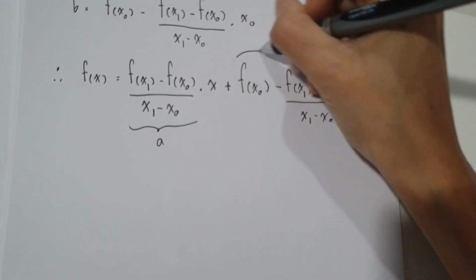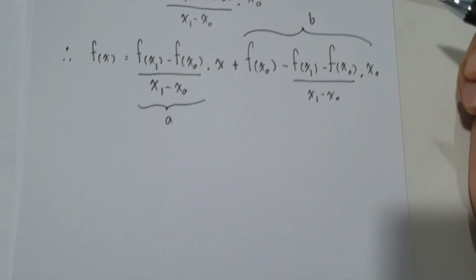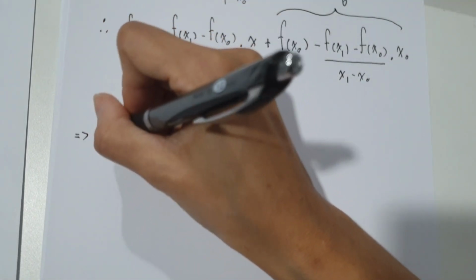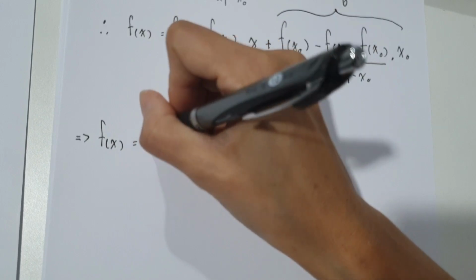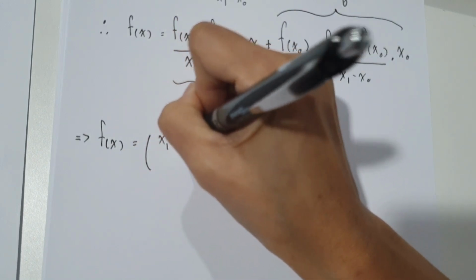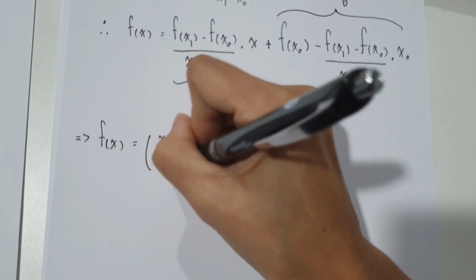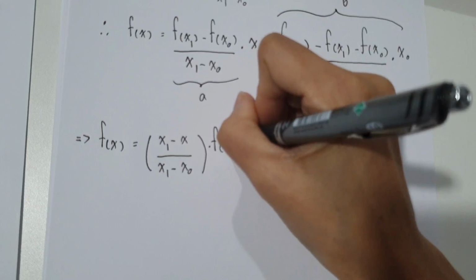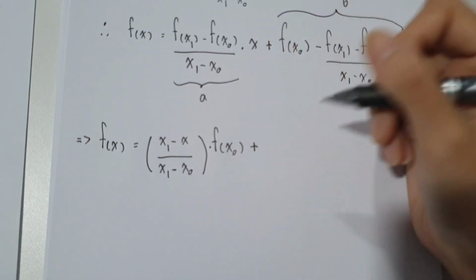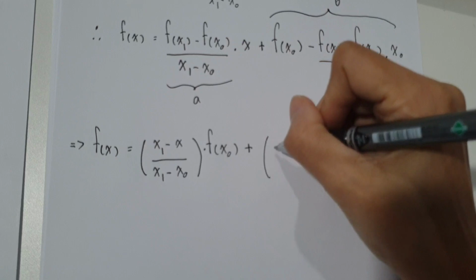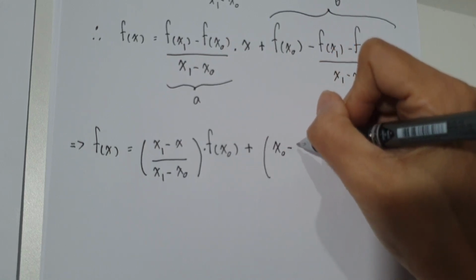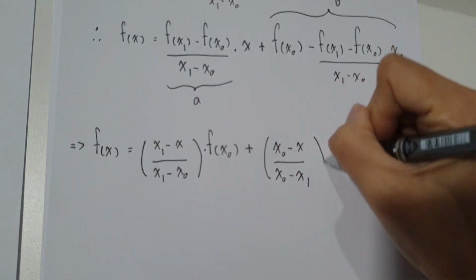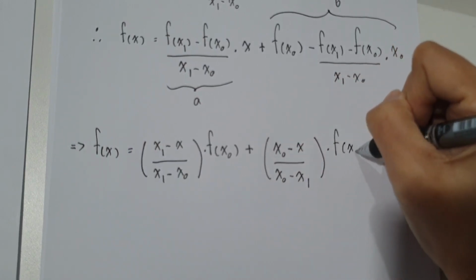This is the a term and this is the b term. Then we rearrange this form, and finally what we get is (x1 minus x) over (x1 minus x0) times f(x0) plus (x0 minus x) over (x0 minus x1) times f(x1).